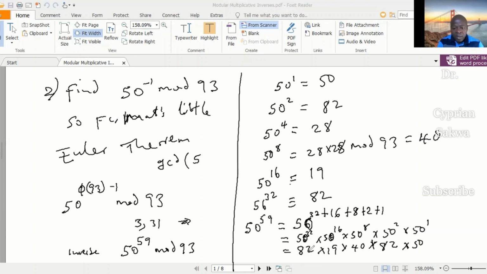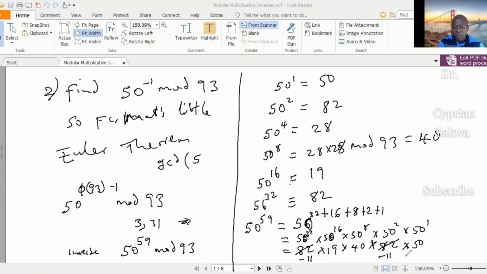If you want, you can reduce the larger ones. This large one is 82. 82 mod 93 can be written as negative 11. You can write this one as negative 11 if you want to reduce your work, and also this one is negative 11. Or you can just work the way they are.